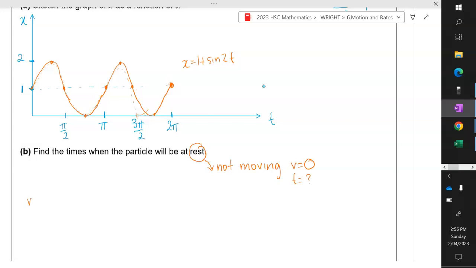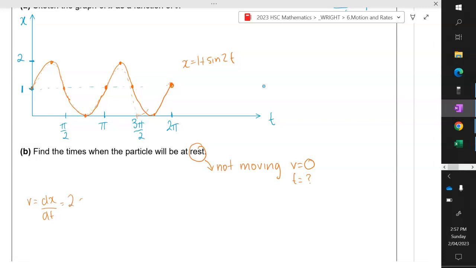Now, to find our velocity first, before we can find out when we have no velocity, we need to find our velocity. And that's our first derivative of displacement, or dx dt. Now, we now know how to differentiate trig functions. So we have our x up here. We are going to differentiate that, and we're going to end up with, thinking back to your trig functions, the derivative of sine is cos.